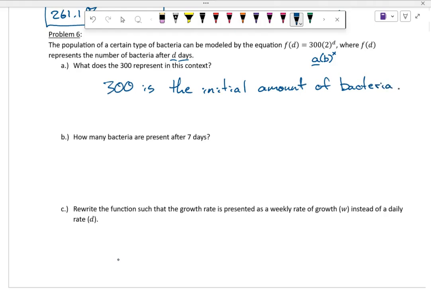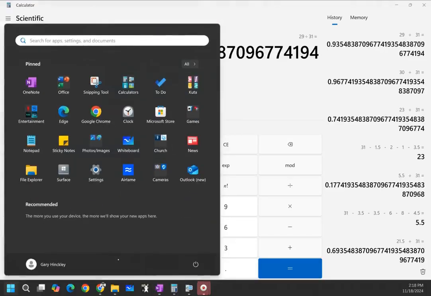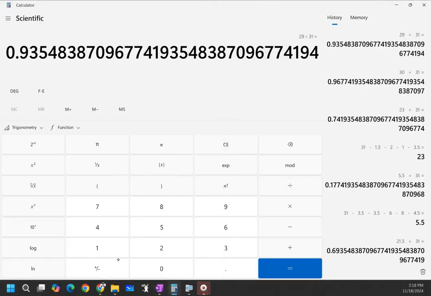How many bacteria are present after 7 days? After 7 days. So let's see. That would just be f of 7 equals 300 times 2 to the 7th. So 7 days, and we're in days. Let's go to our calculator to calculate what that would be. Wrong calculator.